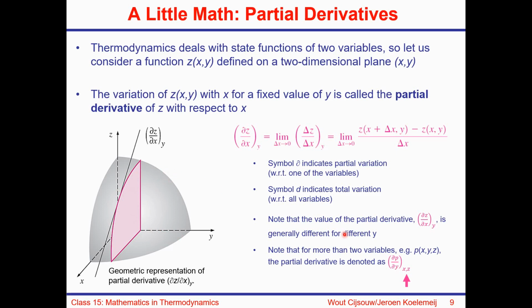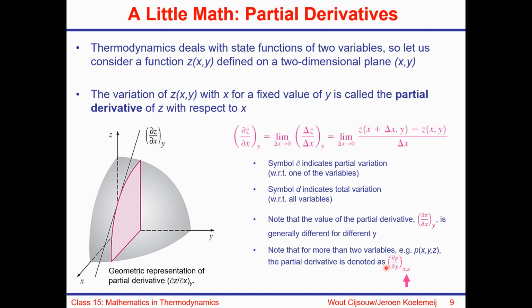And just a small detail, but probably good to know: if you have a function with even more variables, for example 3, the function p of x, y, and z, then the partial derivative is denoted as, for example, dp dy for fixed x and z.